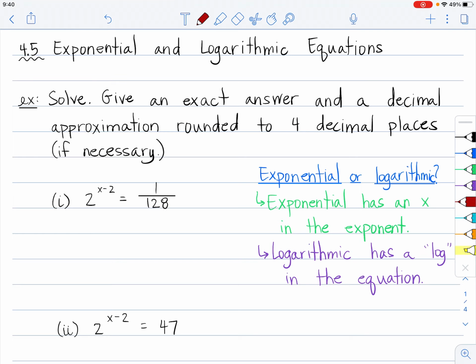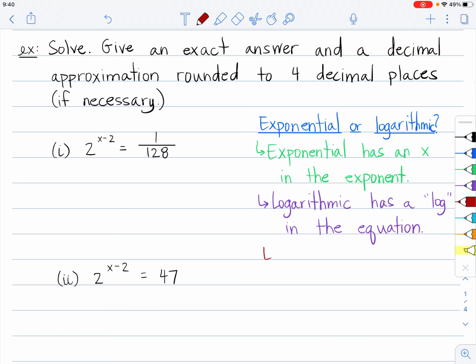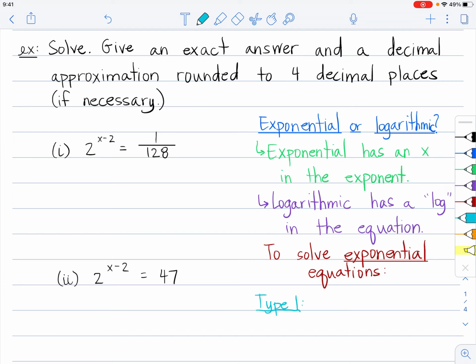So to solve exponential equations, type 1 has one x, only one guy with x in his exponent.